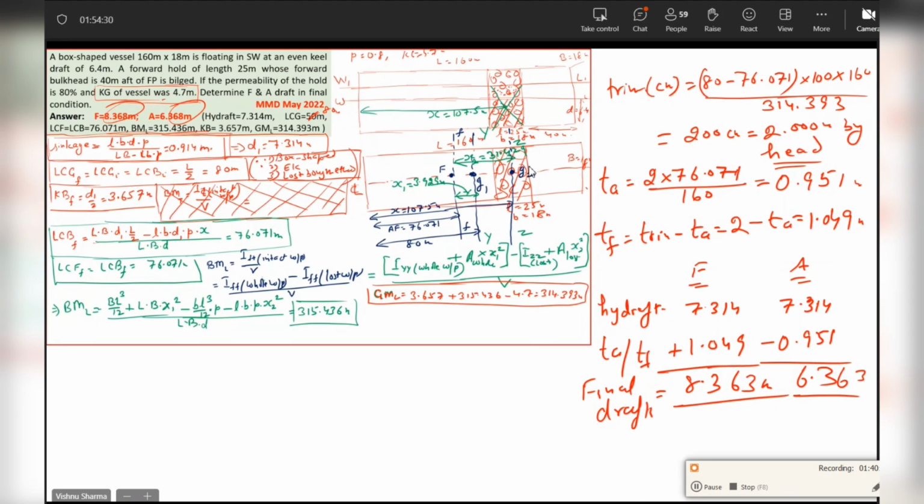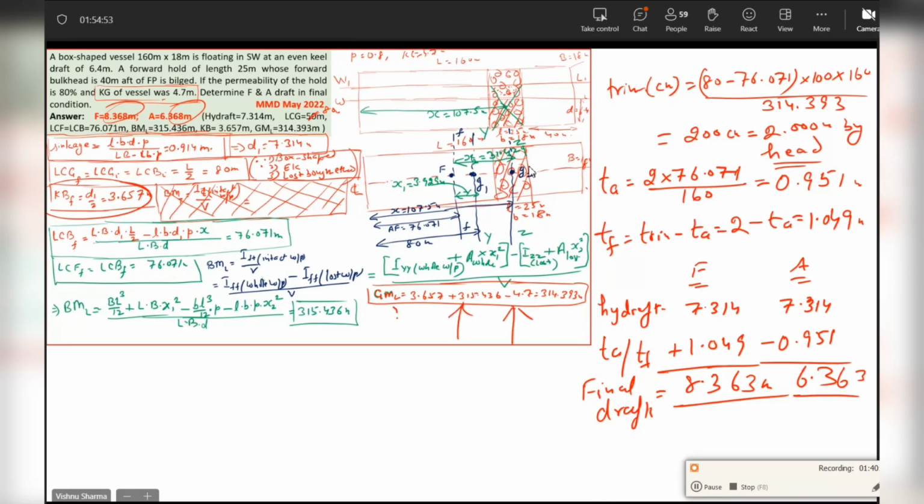Have we calculated that on the screen somewhere? Yes or no? To that, what will we add to get GML, KML? We'll add KB, yes or no? What did we calculate the KB for otherwise? Why did we calculate this? The working is here, beta.